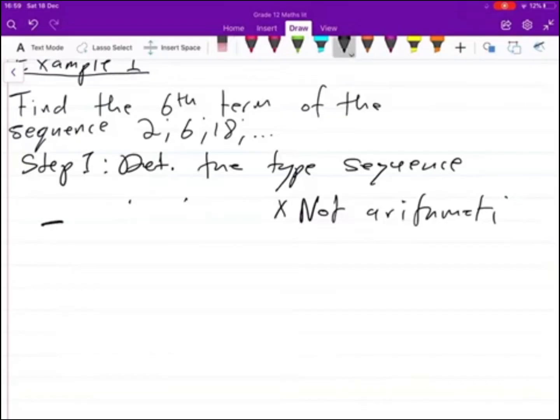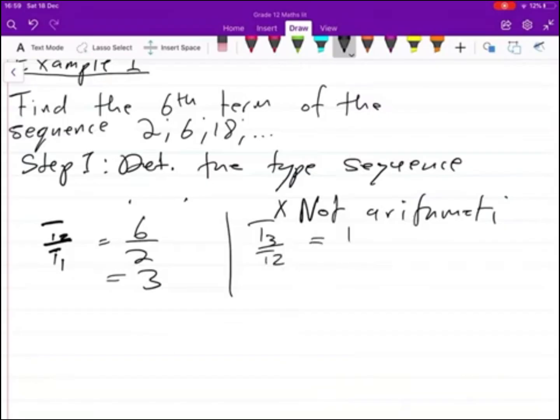Let us say now T2 divided by T1, that is 6 divided by 2, which is 3. And let us try it again here. T3 divided by T2 is 18 divided by 6, and it gives you 3. So we are in luck. We have a constant there, and that is the common ratio that we are dealing with.